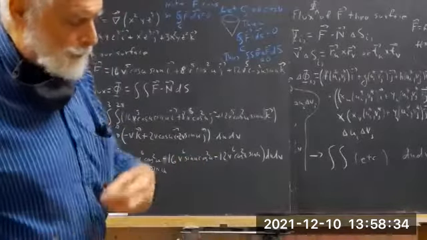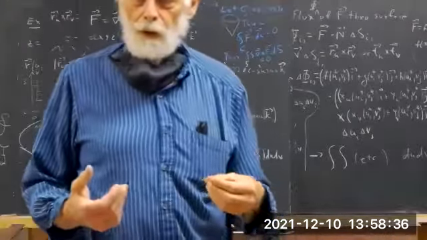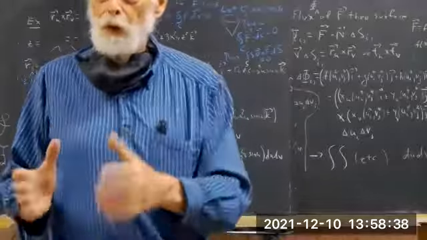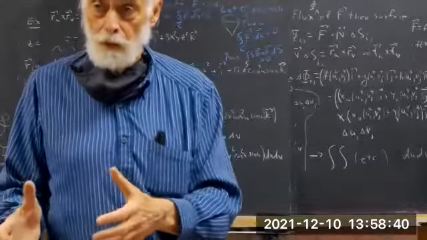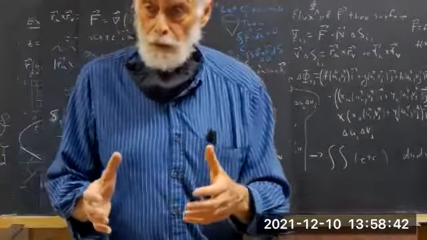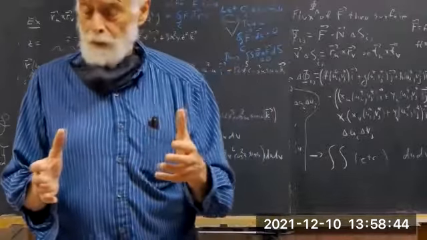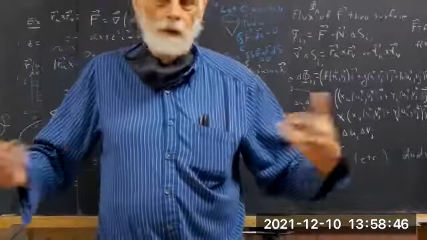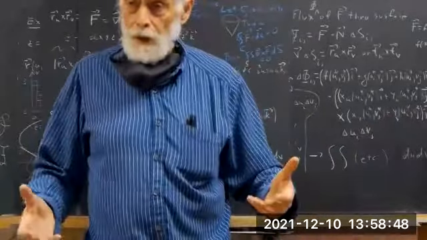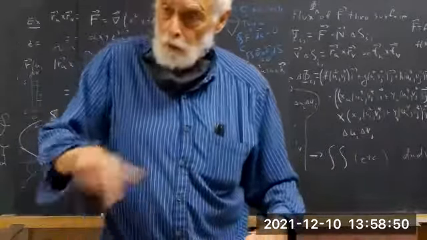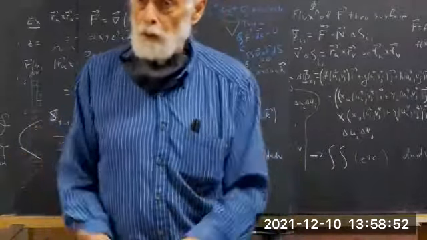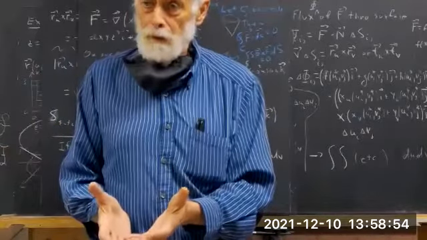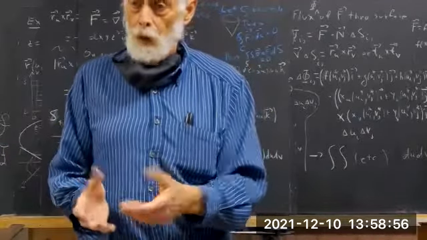Now, the thing about Stokes' theorem and the divergence theorem is sometimes it's really hard to do one of the two integrals that are involved with the theorem. Sometimes the integral around the curve is much easier to do than the integral of the curl on the surface, or vice versa.